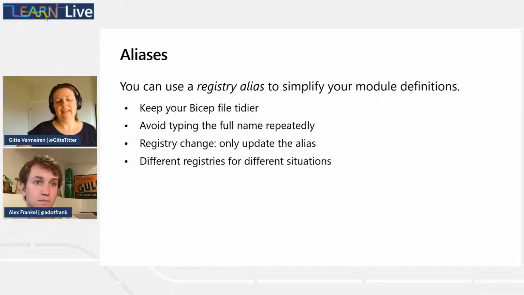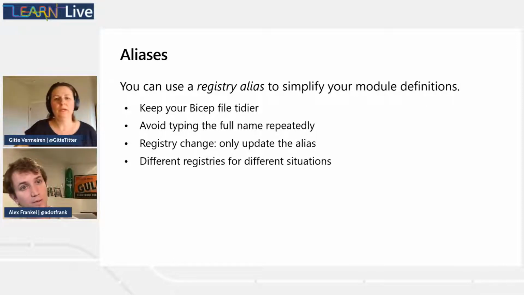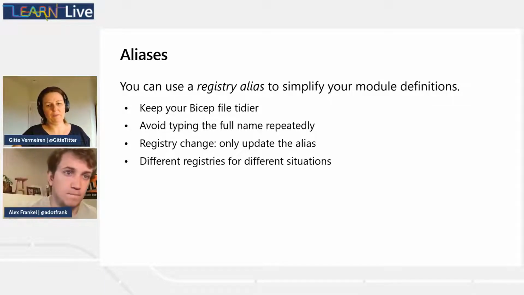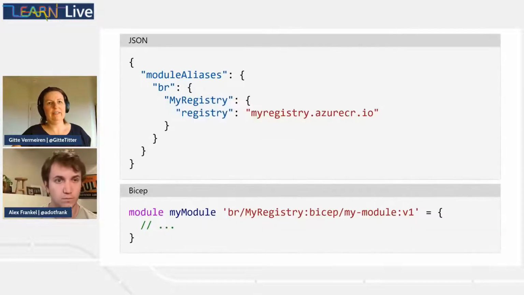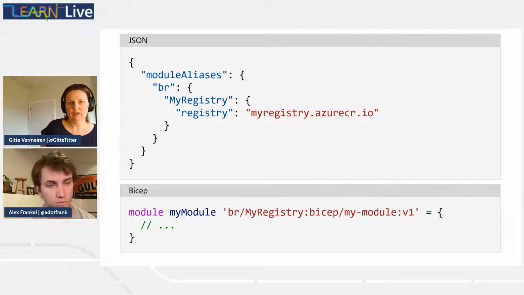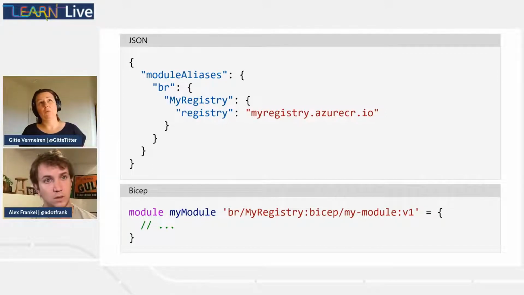Yeah, exactly. And the way you create an alias is you actually need to create what we call a bicep config.json file in the same folder as where you have your bicep files, or maybe in a top folder, I guess that would also work, right?